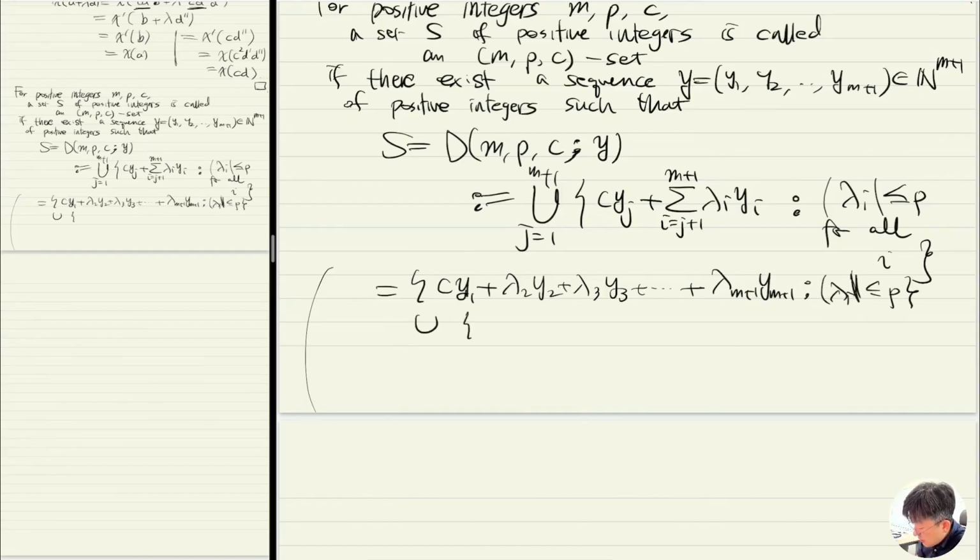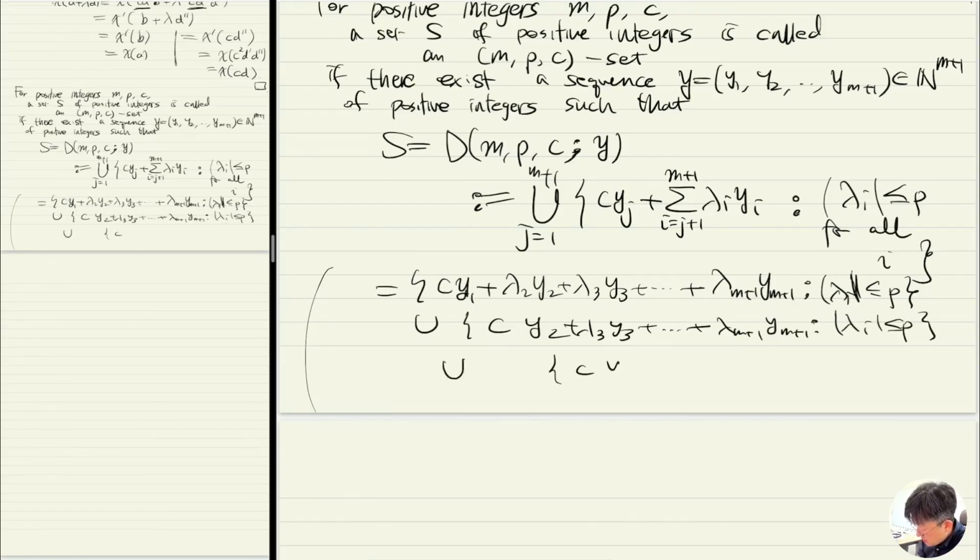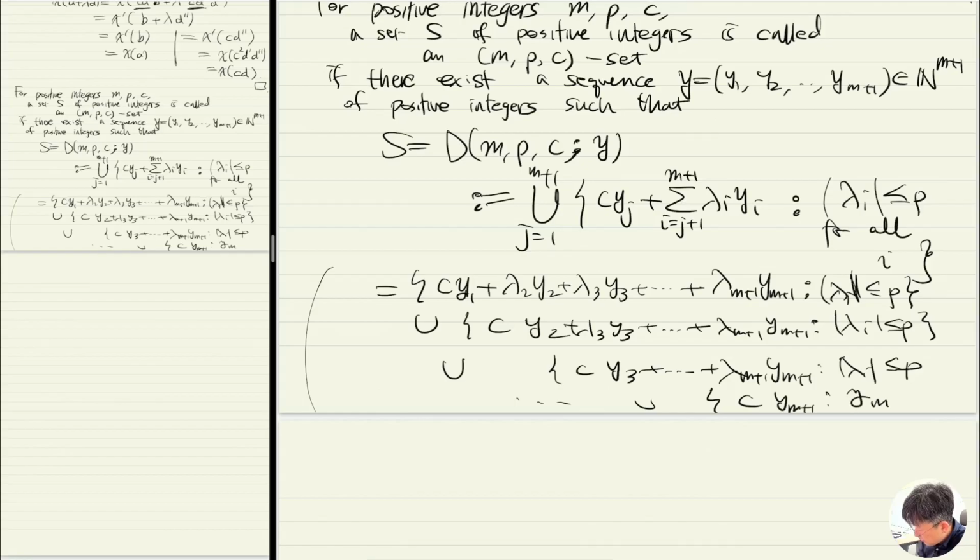And then you have numbers like cy2 plus lambda 3 y3 up to lambda m plus 1 ym plus 1, where lambda i is still at most p. And then you have numbers like cy3 up to lambda m plus 1 ym plus 1. And then the last one is cym plus 1. This is just one number.